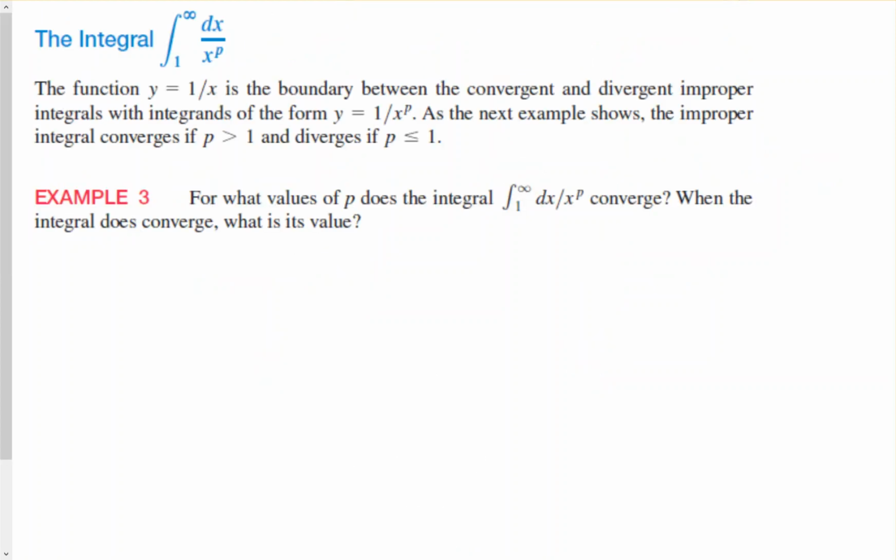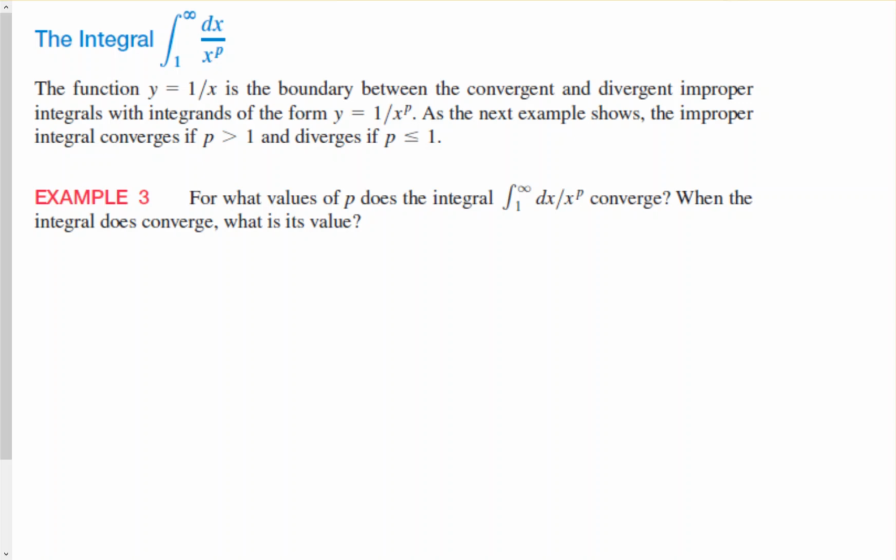Let's take a look at our next example. The integral 1 to infinity of dx over x to the p. So the function 1 over x is considered to be the boundary between a convergent and divergent improper integral.